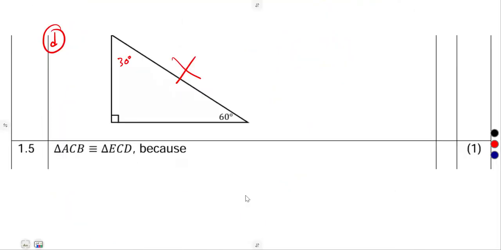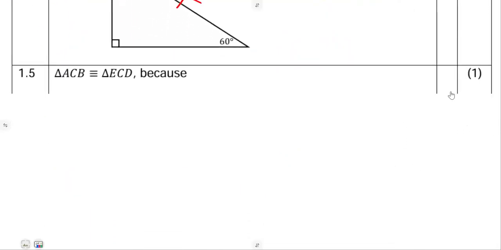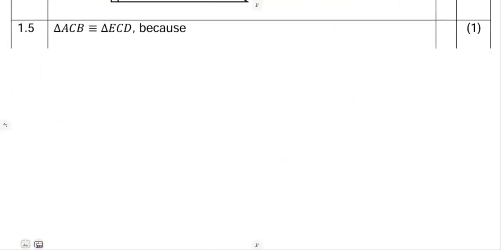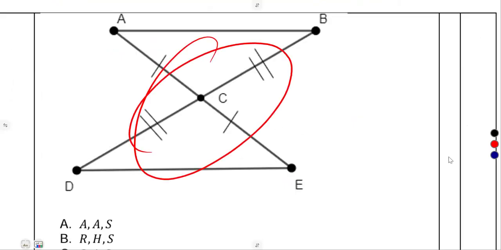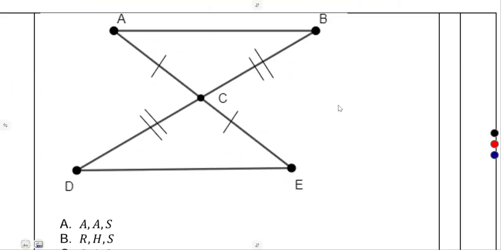Okay, let's see question 1.5. They said the triangle ACB is congruent to triangle ECD because of what? Here, these are the triangles that we are given. So why are these two triangles congruent? Triangle ACB, why is it congruent to triangle ECD?